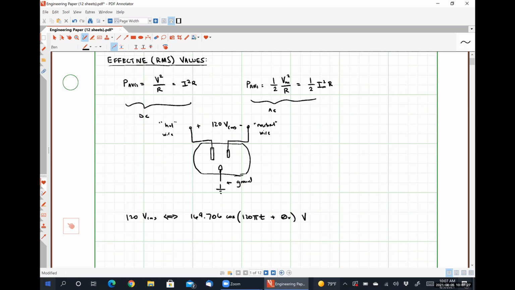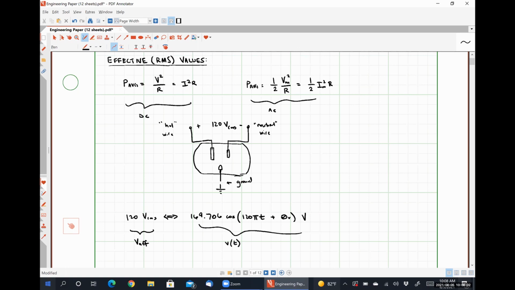So what that 120 volts RMS quantity really represents is the DC voltage that would supply the exact same amount of average power as this sinusoidal voltage. So this guy is what's called the effective value, the effective, and this guy here would be our sinusoidally varying time domain signal.